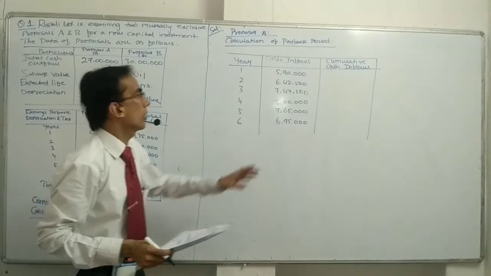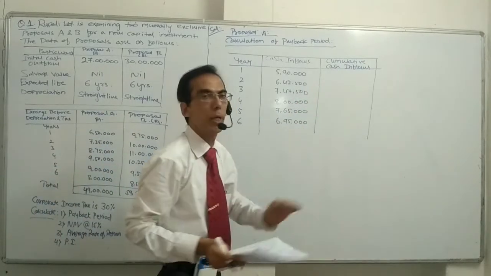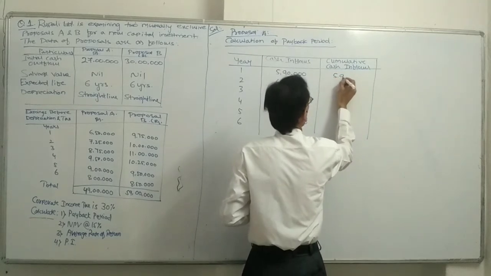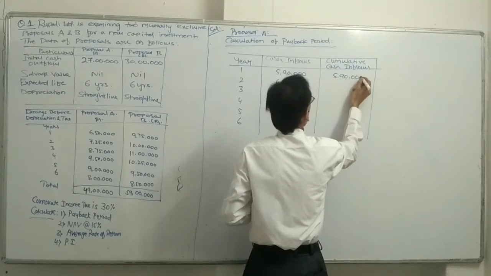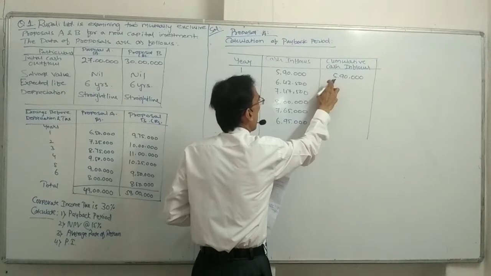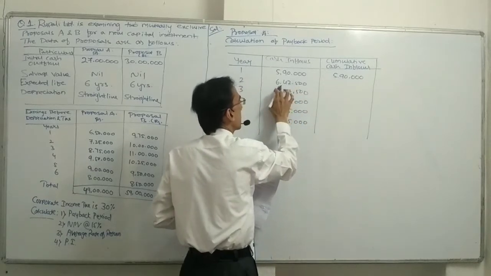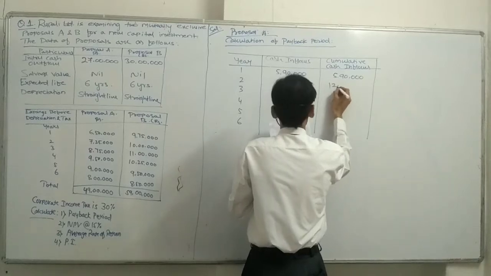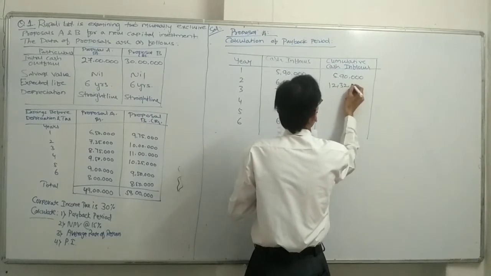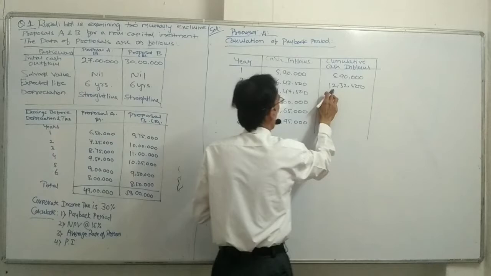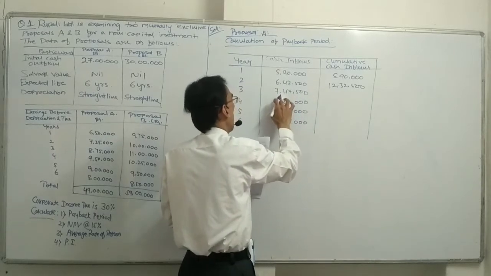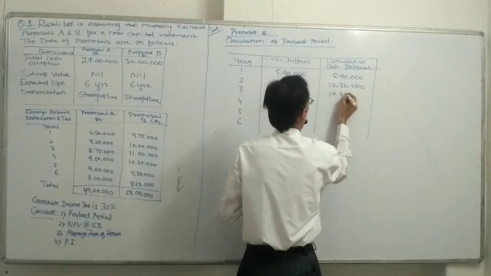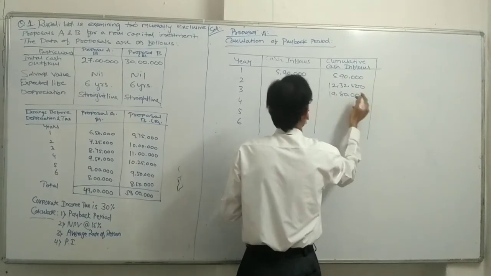Now, what we need to do is cumulate. Cumulate means total. For first year, 5,90,000 as it is, and in second year, this 5,90,000 plus 6,42,500 comes to 12,32,500. Next, 12,32,500 and 7,47,500 comes to 19,80,000.